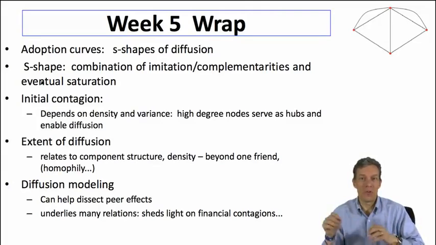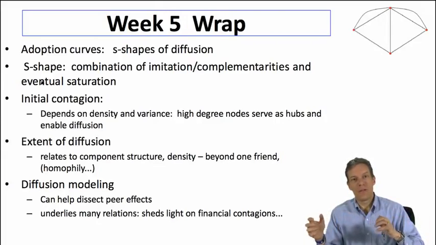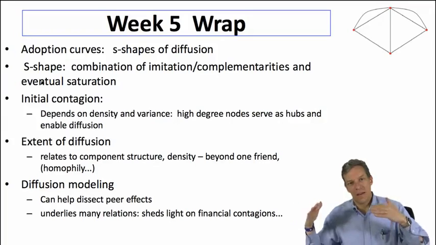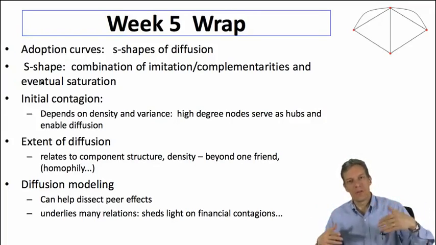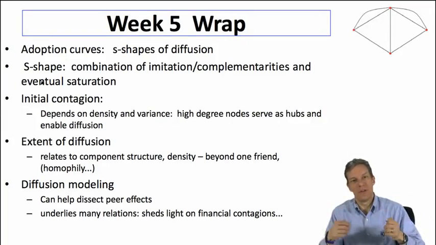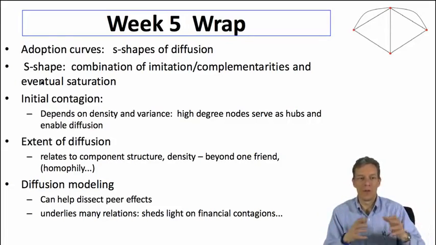Higher degree nodes can serve as hubs, so higher variance can also increase the possibility that you see spreading. And we saw differences then between things like a power law network, where we've got a scale-free degree distribution, which can lead to contagion in many cases, whereas other ones might not, depending on what the degree is.